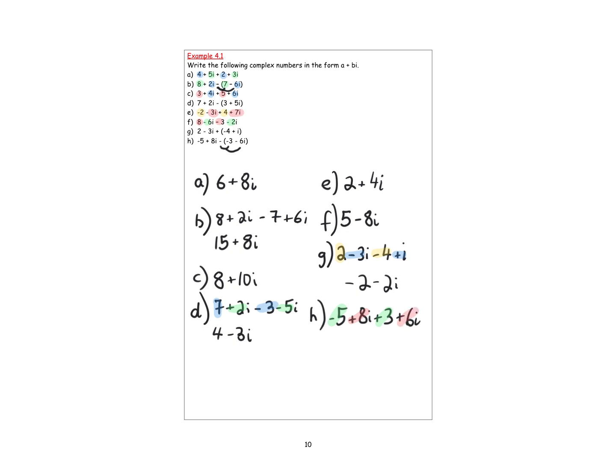Minus 5 plus 3 will end up with minus 2, and plus 8i plus 6i will end up with 14i. After going through example 4.1, you should be able to add or subtract any complex number from another.